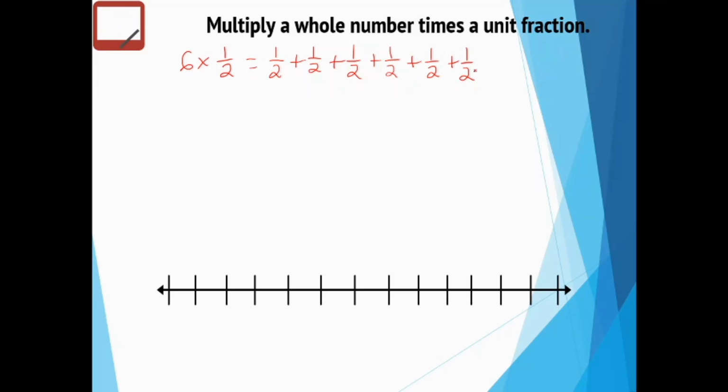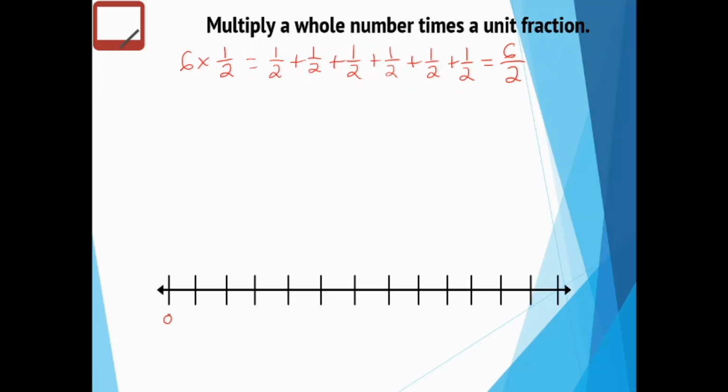Right? So there are 6 1 halves. Now we can represent this on a number line. But before we do that, I'm just going to put equals 6, because we just said it. We said 6 1 halves, right? So if you add this up, 1, 2, 3, 4, 5, 6, there are 6 1 halves.